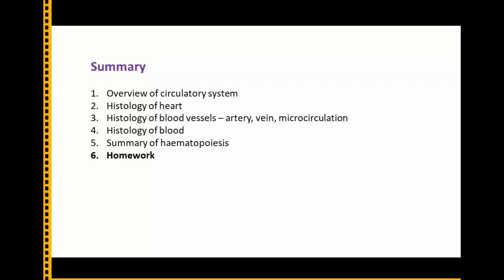So, now we have discussed the overview of the circulatory system, histology of heart, blood vessels, blood, and a small summary of hematopoiesis. I think it's better if you read and get a thorough knowledge of this blood and hematopoiesis part at this stage, because all of this will be discussed in physiology and again in pathology in the 3rd year.